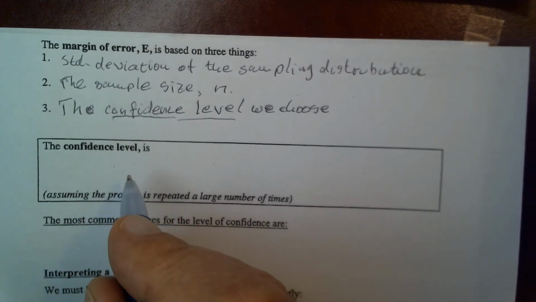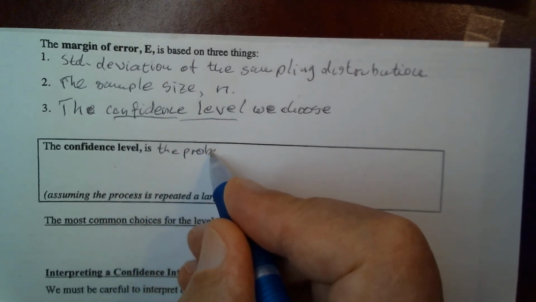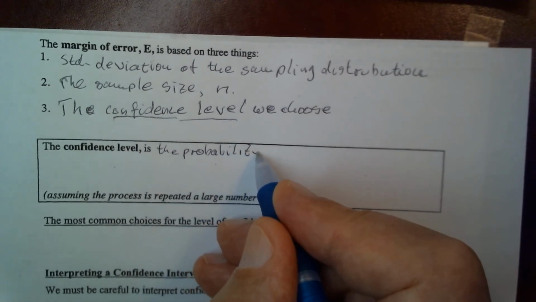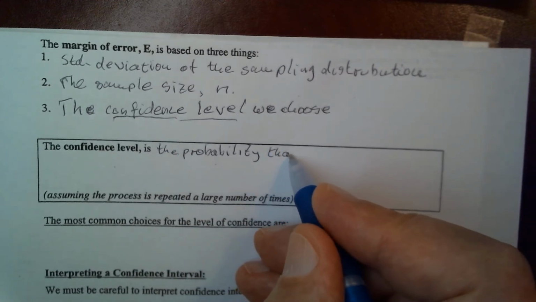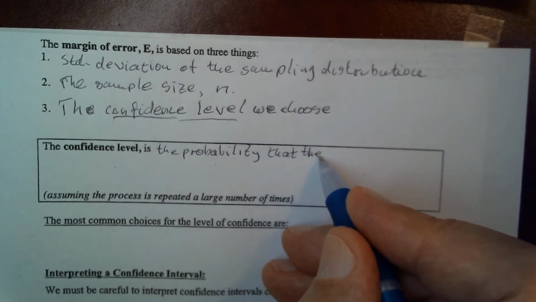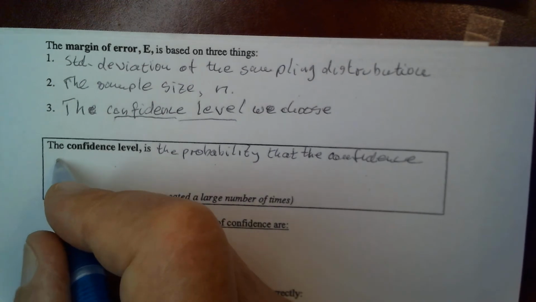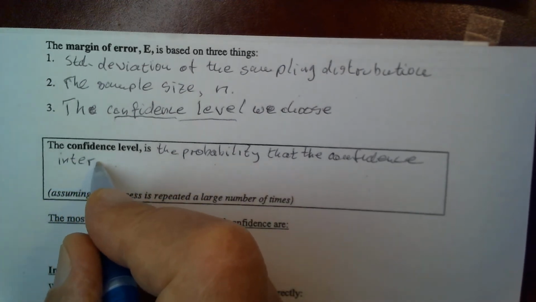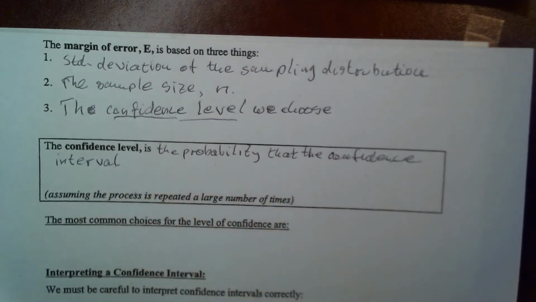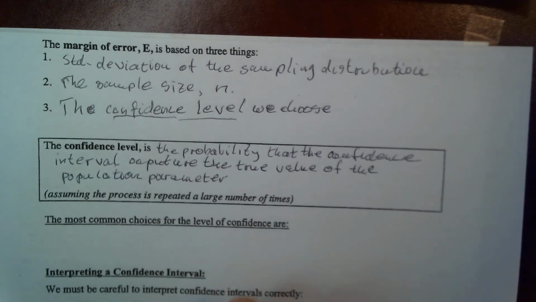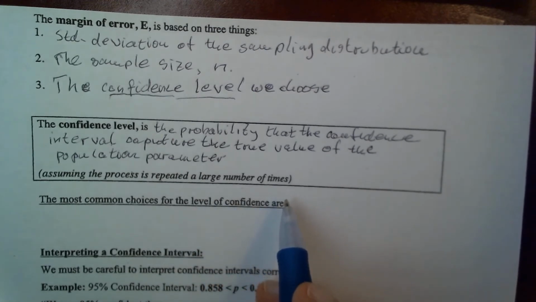The confidence level is the probability that the confidence interval captures the true value of the population parameter, assuming that the process is repeated a large number of times.